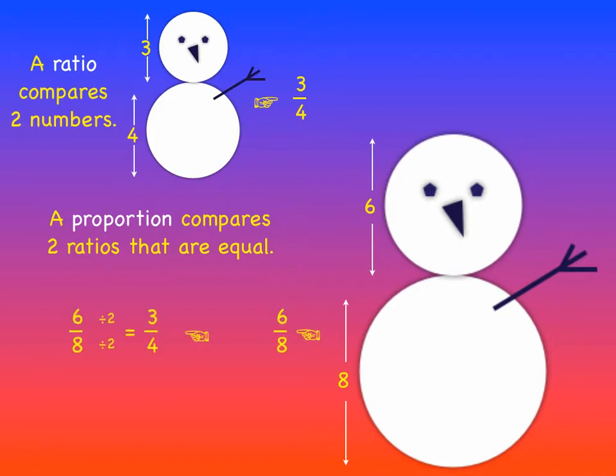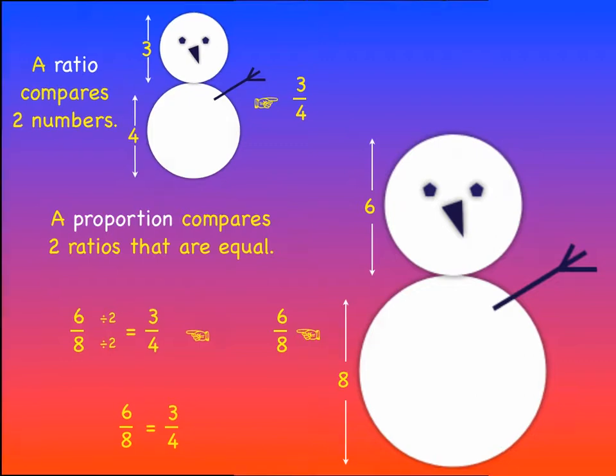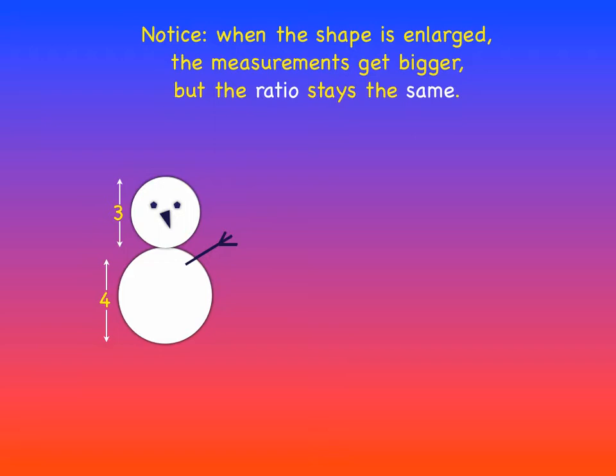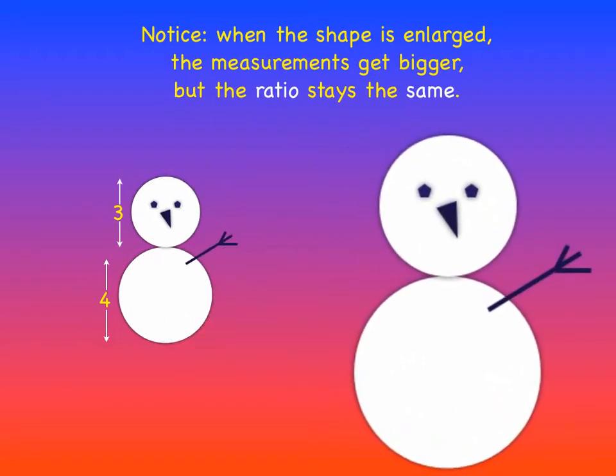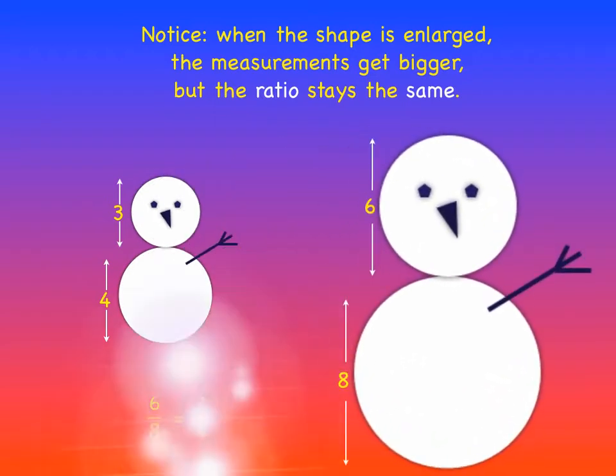If you divide both numbers by 2, the ratio reduces to a 3 to 4 ratio, just like the smaller one that we started with. So we can say a 6 to 8 ratio is equal to a 3 to 4 ratio. Notice when the shape is enlarged, the measurements get bigger, but the ratio stays the same.